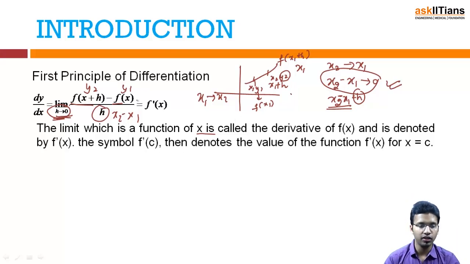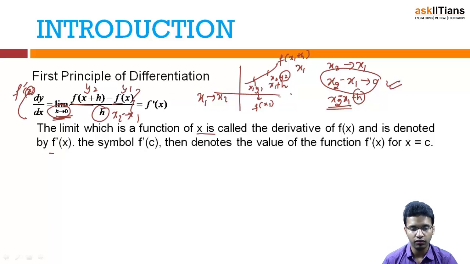And this is denoted by f dash x. Now x means the point where you are measuring, say x1. If you are looking for the derivative here, you put f of x1 and you will get the value. First you get a function, and corresponding to x you can get the different values of f dash x at that point. This is clearly written here.